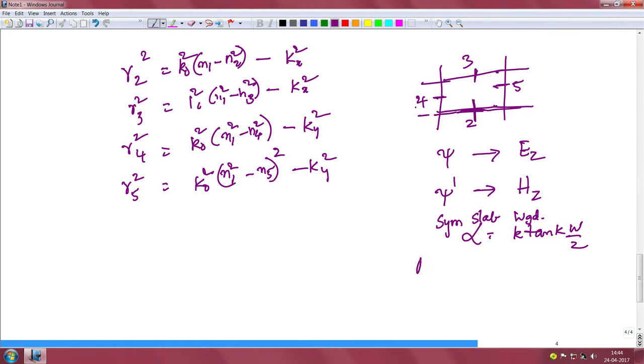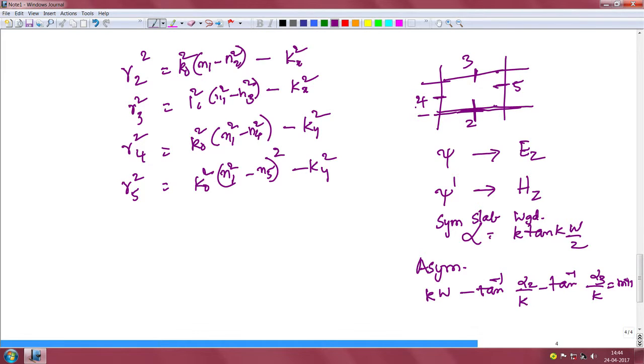And in the case of asymmetric slab waveguide, also we have a combination of this, like k multiplied by w minus tan inverse alpha by k, and alpha 2 by k and tan inverse alpha 3 by k.